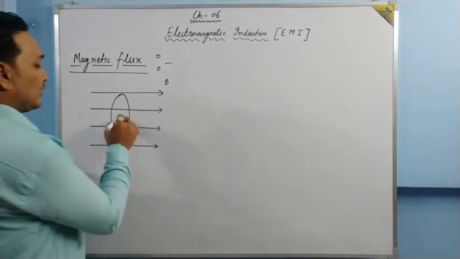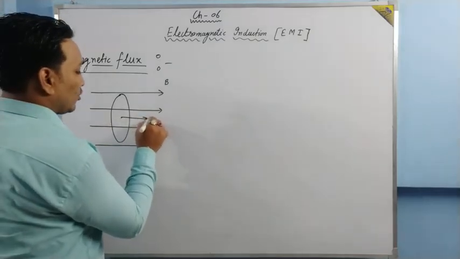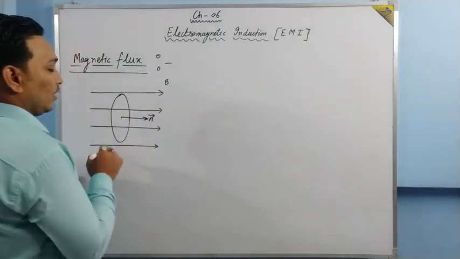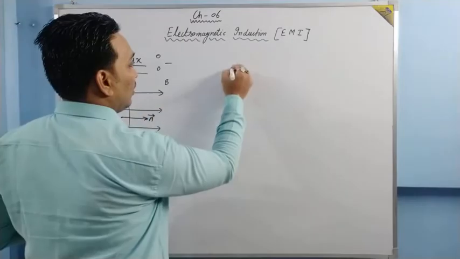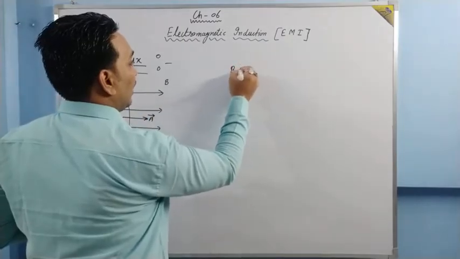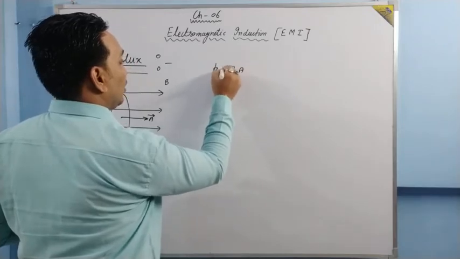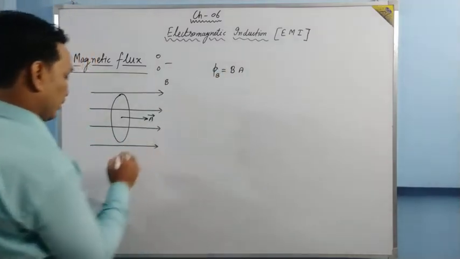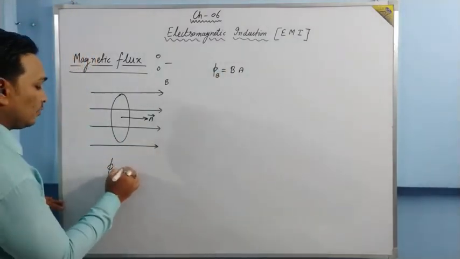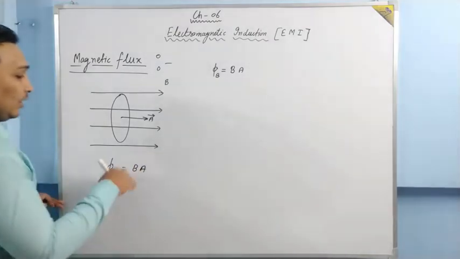Suppose its area is A, then the direction of the area vector is in this direction. All the magnetic field passing through this area will be given by B into A. This is called magnetic flux, denoted by phi B. Phi B is equal to B into A in this case.